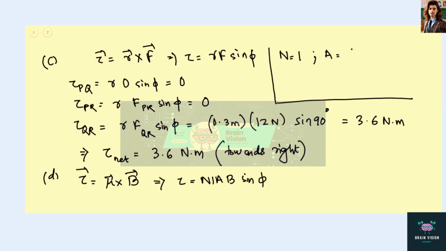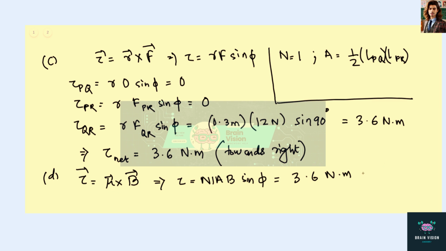So area is half times the length of PQ times the length of PR, and the magnetic field is 3 Tesla, and phi is basically 90 degrees. So we use those values here and we get the torque to be 3.6 Newton meter, which agrees with our result from part C here.